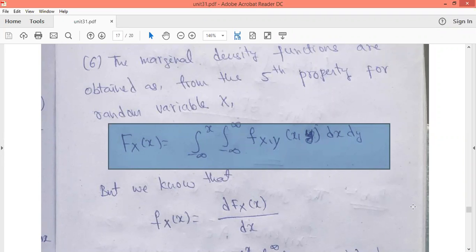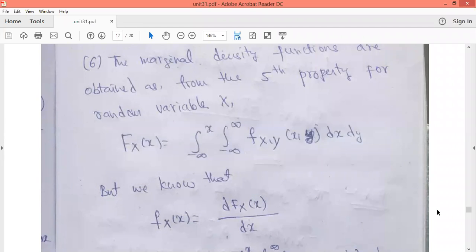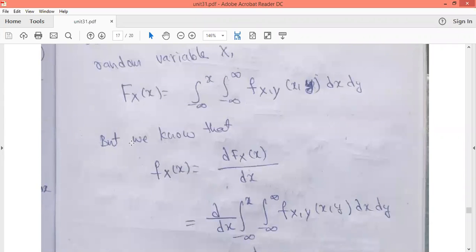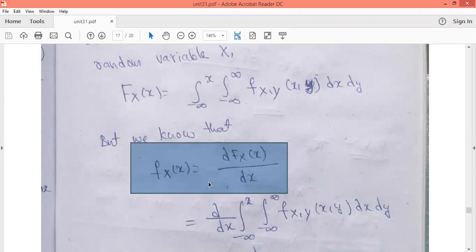Now we know what our marginal density function is. The marginal density function is nothing but the derivative of the distribution function. What is the distribution function? Just now we have discussed, no? What are the limits here? Minus infinity to x, minus infinity to plus infinity fxy of x comma y dy dx.